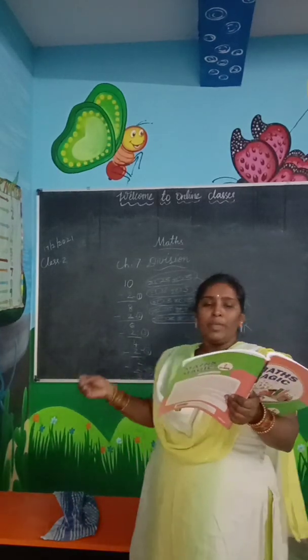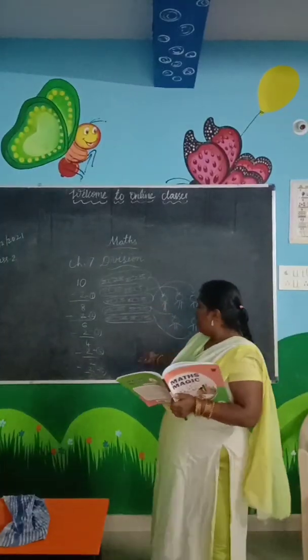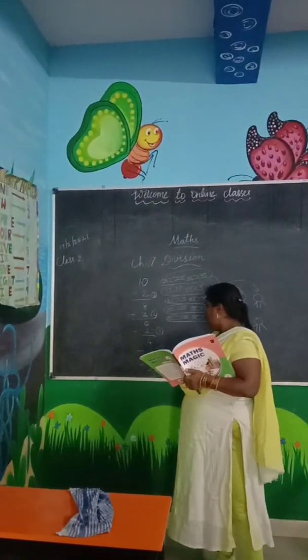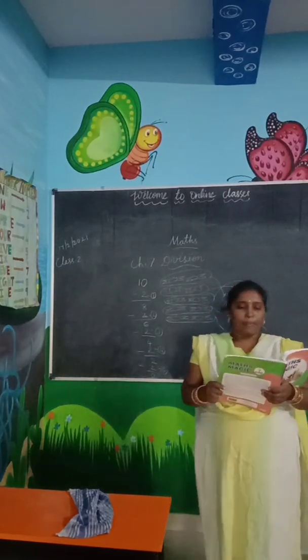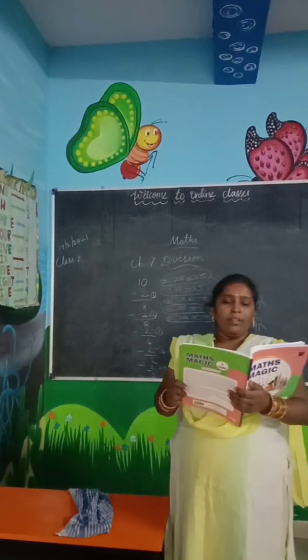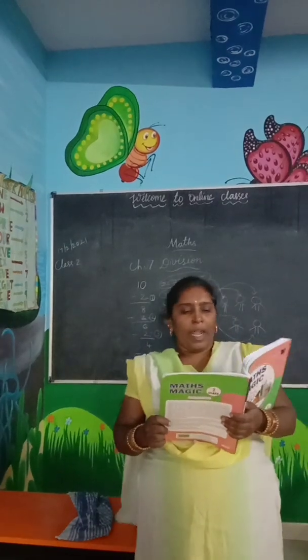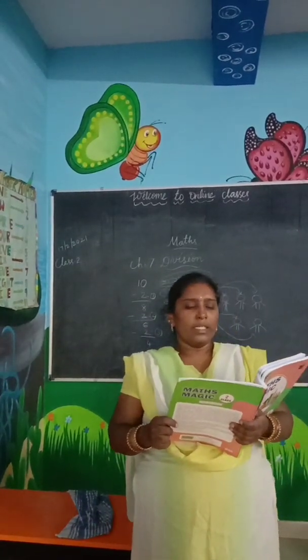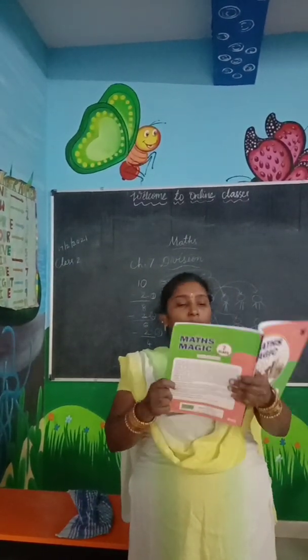We see that subtracting 2 from 12, 6 times, we get 0.